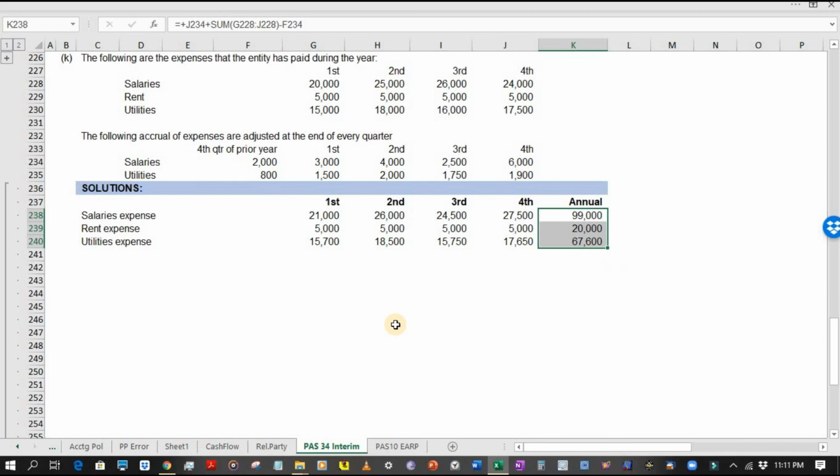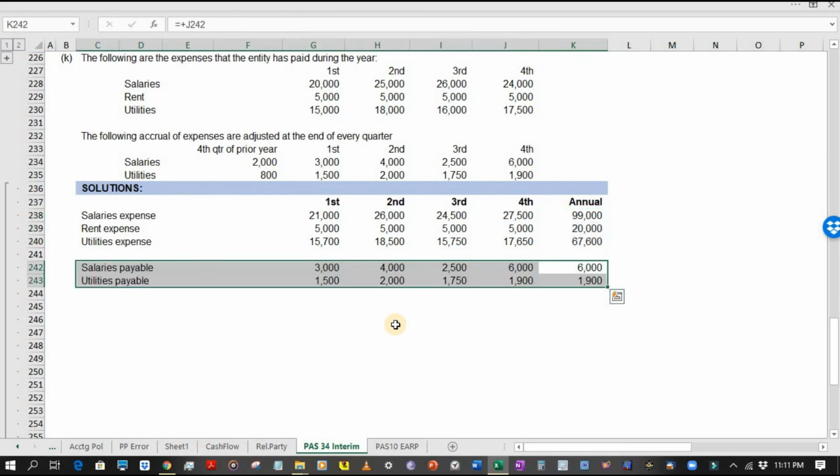Then for the statement of financial position, of course, the amount that will appear is the liability account for each of these accounts: salaries, rent, and utilities. But based on the information given above, the accounts that have ending balances are only salaries and utilities payable, and the amount of accrued expenses, which are salaries payable and utilities payable, that will appear in the statement of financial position are the ending balances of these accruals.